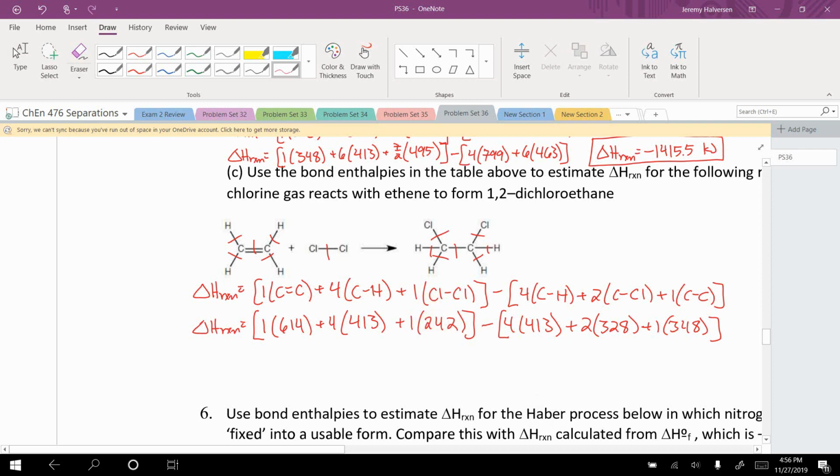I was using the value for CCl. Did that do it? Yeah, that did it. Okay, so that gives me that the delta H of the reaction is negative 148 kilojoules.